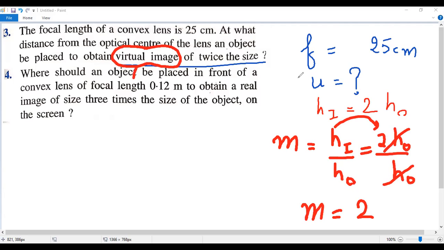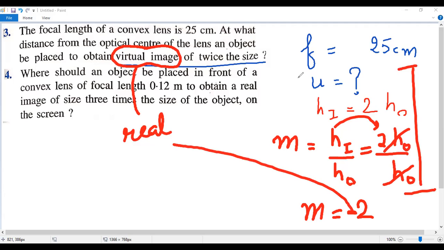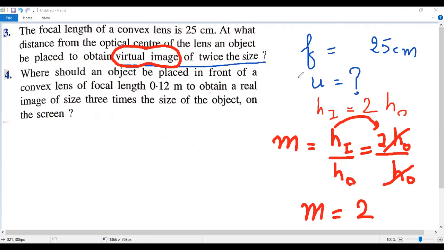If instead of virtual it was written to be real, then you should have done the same steps, but in your answer you must have written magnification as minus 2. Minus means a real image is formed. So in this question, we are having a positive magnification whose value is 2.